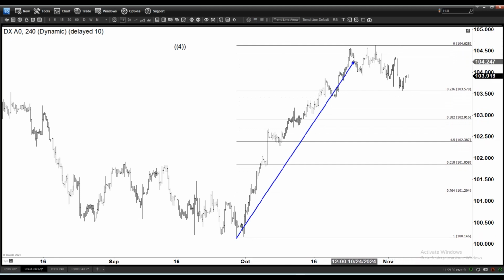Now, typically from a probability point of view, that is considered a bit too shallow to correct the entire cycle. And the correction typically, minimum is 38.2. Not always, but typically at least 38.2, and ideally around 50 to 61.8, right?